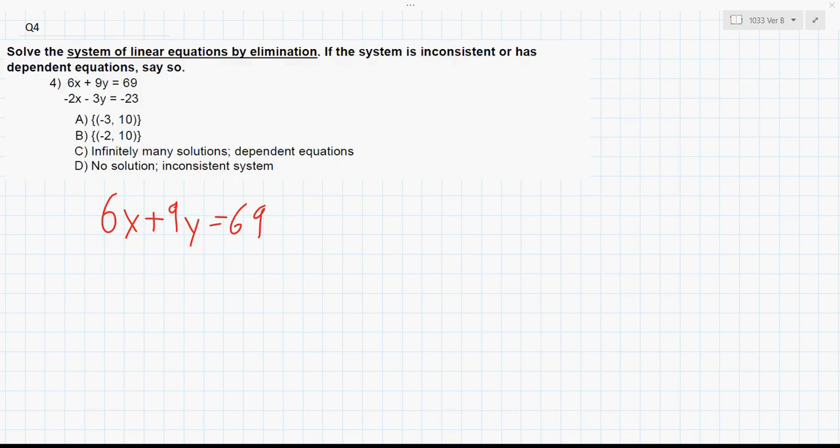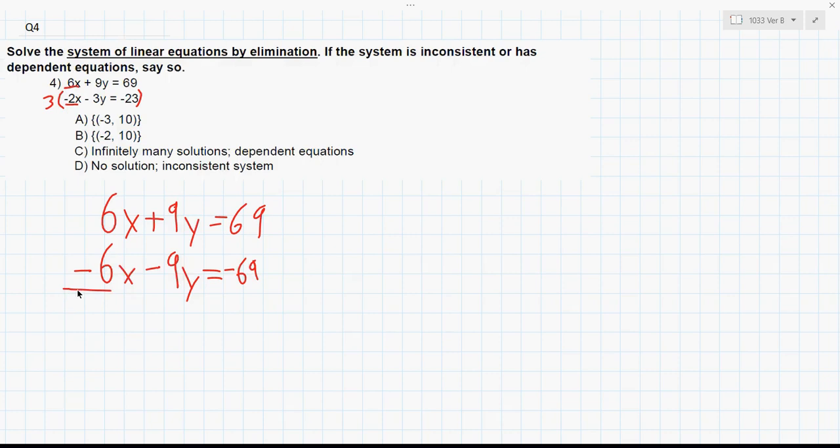So if I wanted to eliminate the x's, because one's positive, one's negative, and they both have commonality of 3, that means I want to multiply the bottom equation, the entire equation, by 3, right? So we can do that real quick, and we would get negative 6x, and then 3 times negative 3 is negative 9y, and then negative 23 times 3 is negative 69.